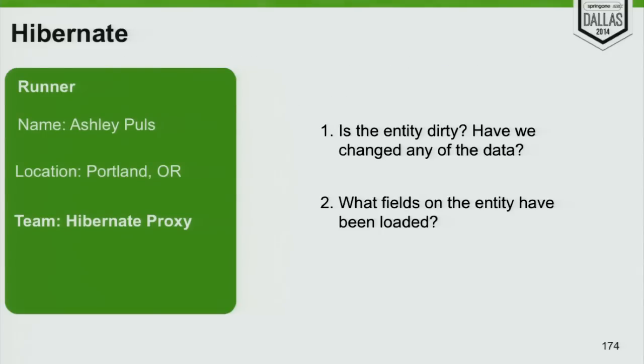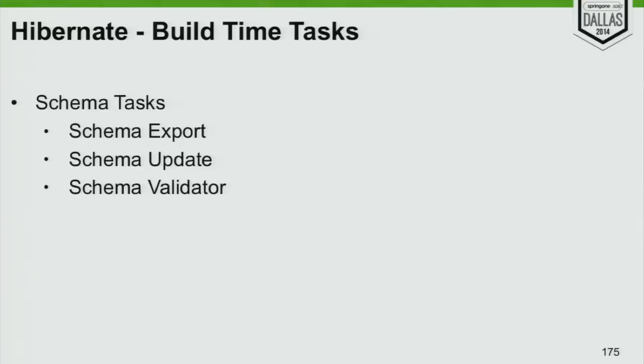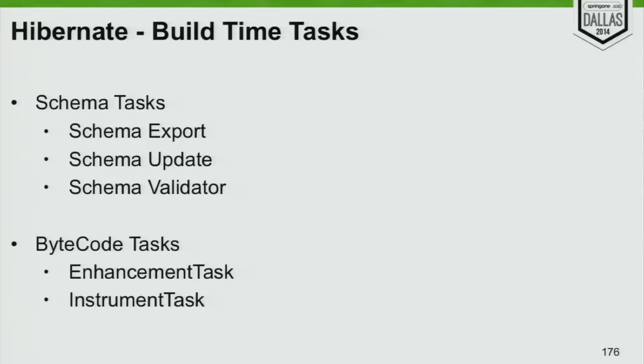So why do we need a proxy? Well, there's essentially two things Hibernate's trying to keep track of: is your data dirty, and have you loaded all the data in? There are actually other ways that Hibernate can instrument your entities to perform all this analysis. One way is through a build time task, an enhancement task.